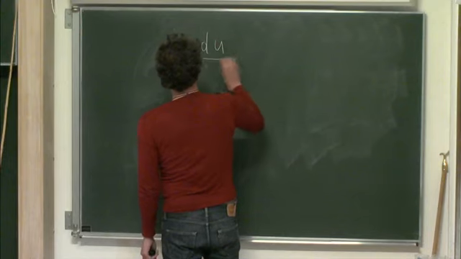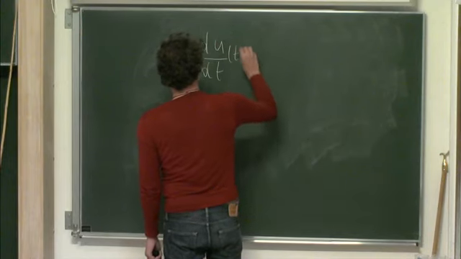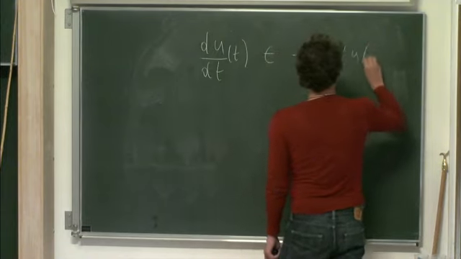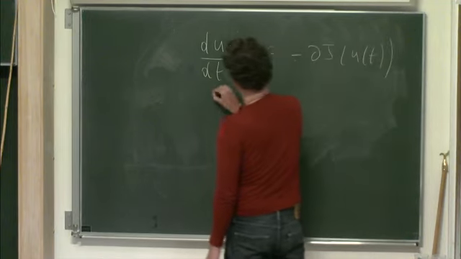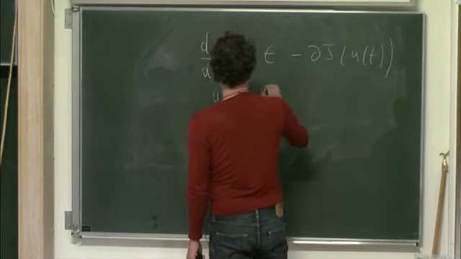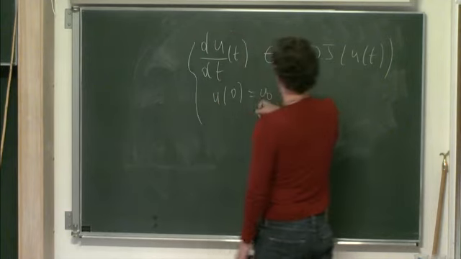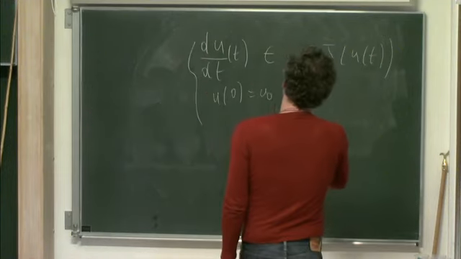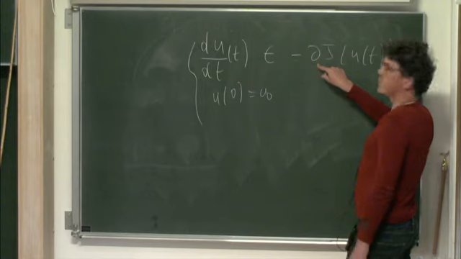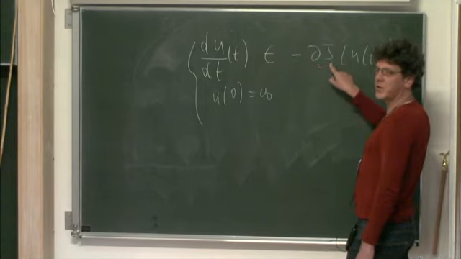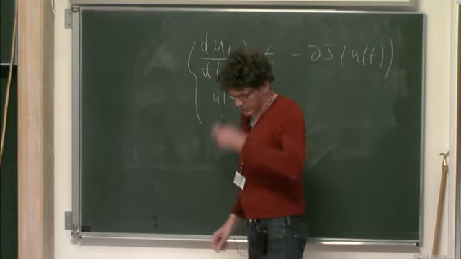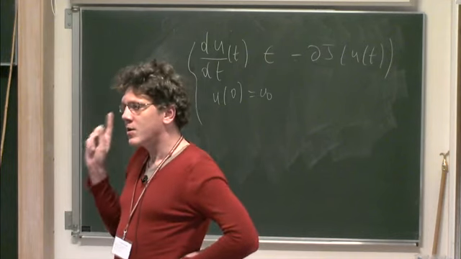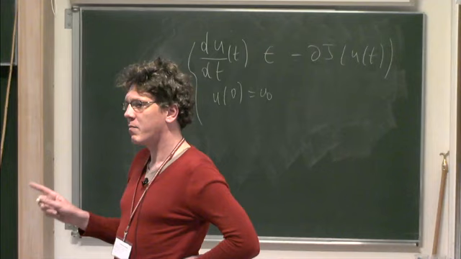So you have du/dt evaluated at t, let's say minus the subdifferential of J at u(t), and you have u(0) equals u0 somewhere. So you want to find a function where for each t you associate an element that lives in the subdifferential of J. So you may have many solutions, but if you look for an absolutely continuous function, then there is only one.